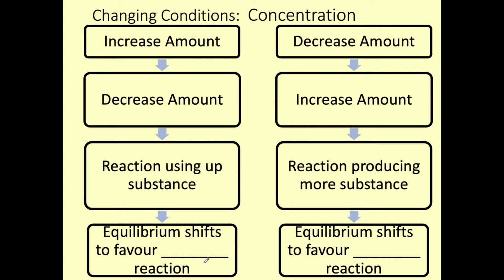And so then our equilibrium, depending on the reaction, will shift to either the forwards or the backwards reaction. And similarly, we can look at the opposite way. So if we remove something, the equilibrium will look to increase it, and therefore it will favour the reaction which ends up producing more of the substance. So where the substance is the product in the reaction, the equilibrium will shift to favour either the forwards or backwards reaction, depending on what the reaction we've been given is.